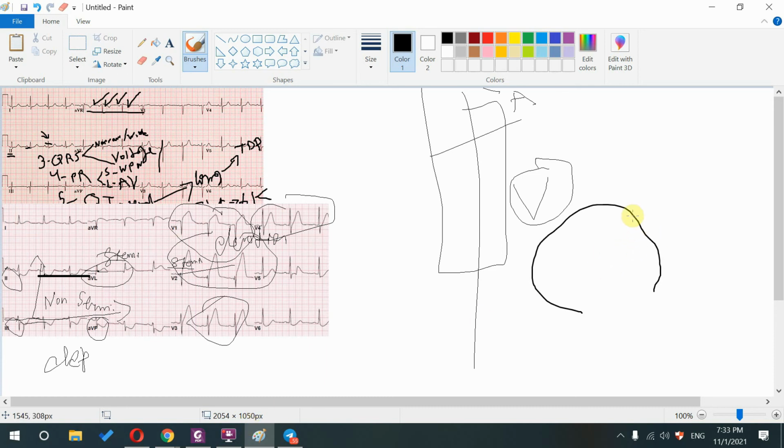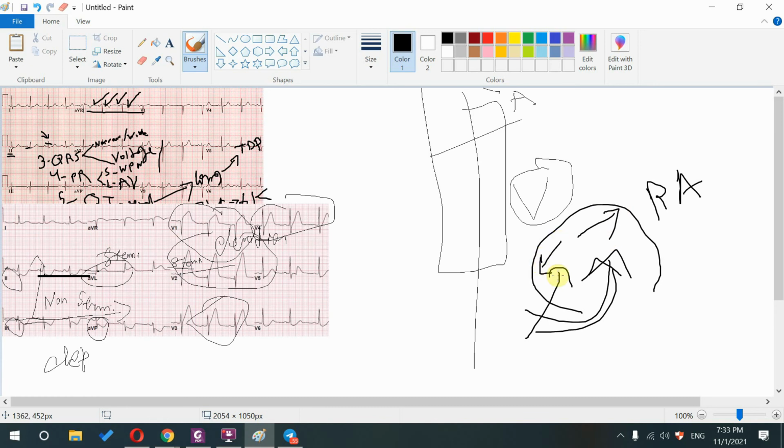So again, inside of the wall of the right atrium, there is basically sensors, and these sensors sense the stretch. And if you have a lot of blood going inside of your right atrium, the walls will be really stretched.